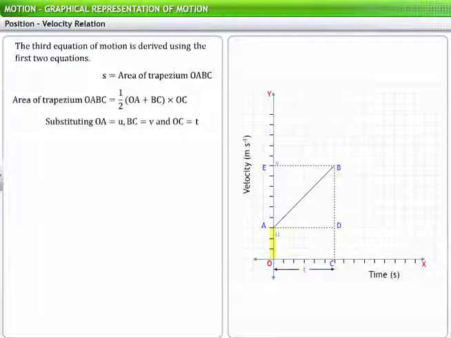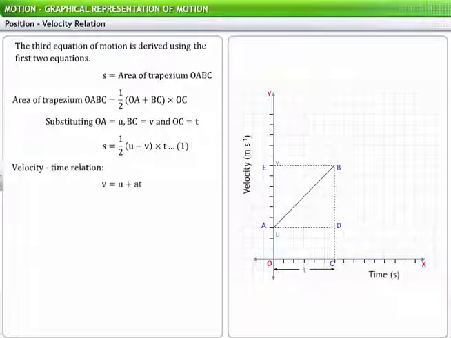Substituting OA is equal to U, BC is equal to V, and OC is equal to T, we get S is equal to half of U plus V multiplied by T as equation 1.